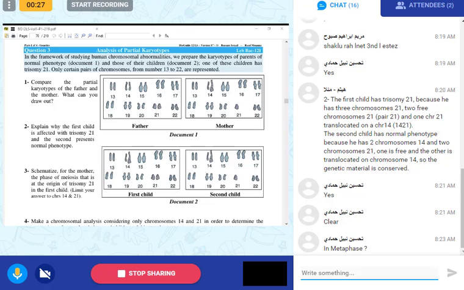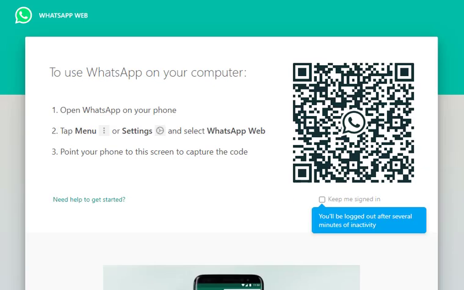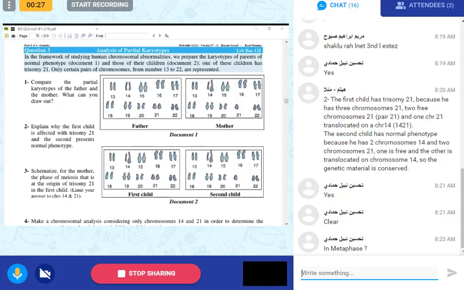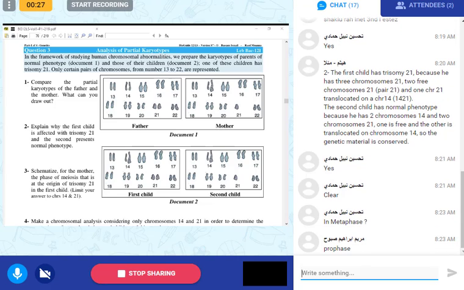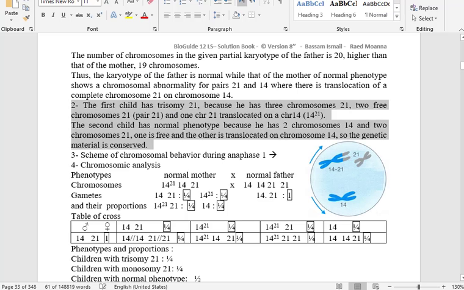In metaphase, what do you think, Maryam? Tahsin, what do the chromosomes do in metaphase, in fact? Maryam said the prophase. Let's discuss.